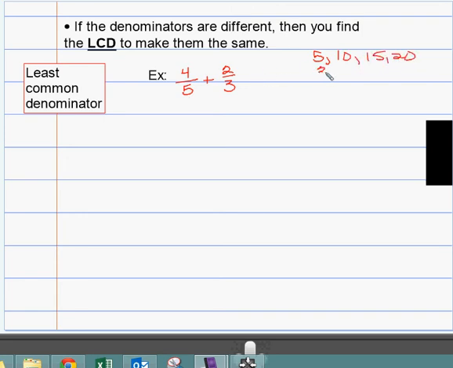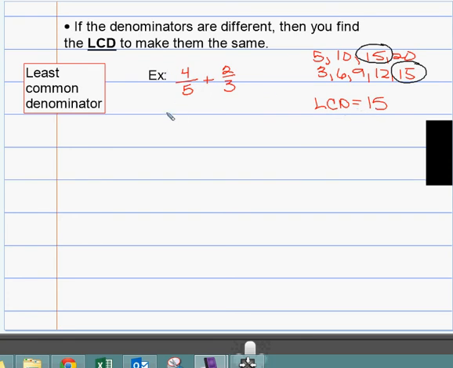Count by 3s. 3, 6, 9, 12, 15. When you get some overlap, when you have the same number appear, that's your least common denominator. Okay. So we know our LCD equals 15.